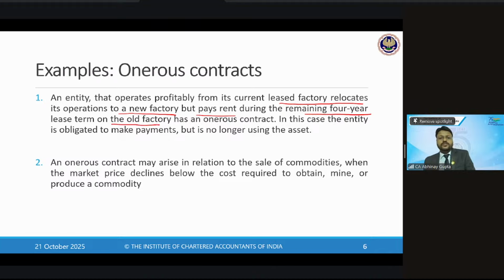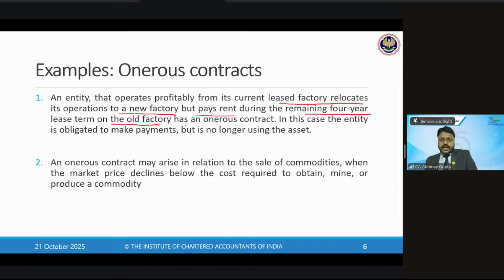So the lease term was for say 10 years, 6 years have already passed. Now the company has relocated, the remaining 4 years are there. But as per the contract, the company has to continue to pay the rent for the next 4 years, even if the company is not going to use that space for its factory, right?